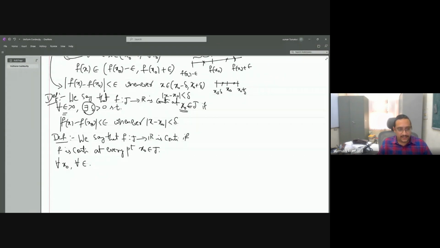In other words, for every x naught, whatever x naught I am considering, f is continuous at x naught.